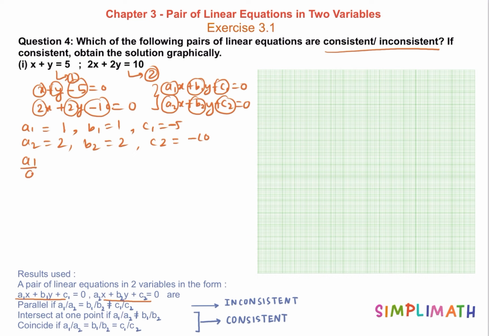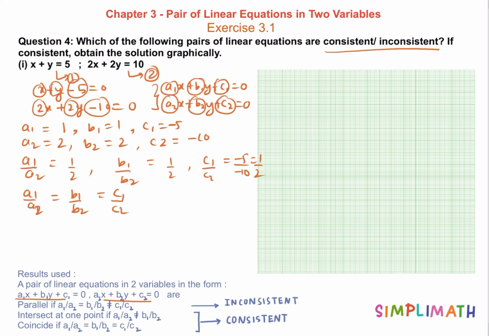So a1 by a2 is equal to 1 by 2, b1 by b2 is equal to 1 by 2 and c1 by c2 is equal to minus 5 by minus 10, which is equal to 1 by 2. So I can say that a1 by a2 equals b1 by b2 equals c1 by c2.